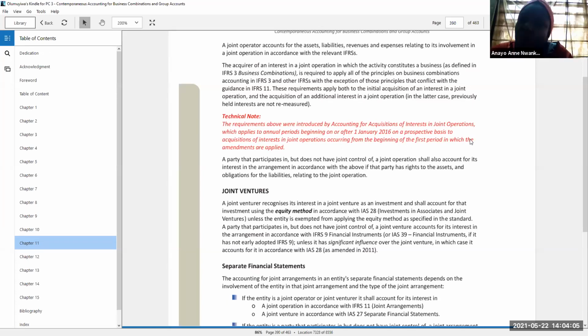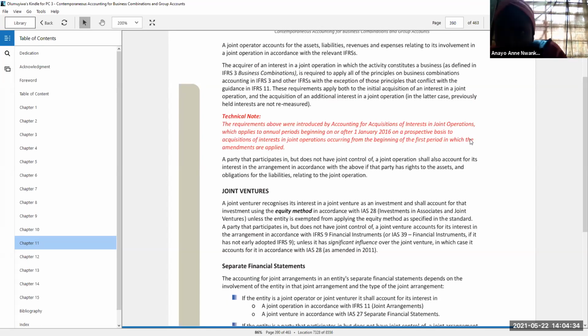Joint ventures. A joint venturer recognizes its interest in a joint venture as an investment and shall account for that investment using the equity method in accordance with IAS 28, Investments in Associates and Joint Ventures, unless the entity is exempted from applying the equity method as specified in the standard.